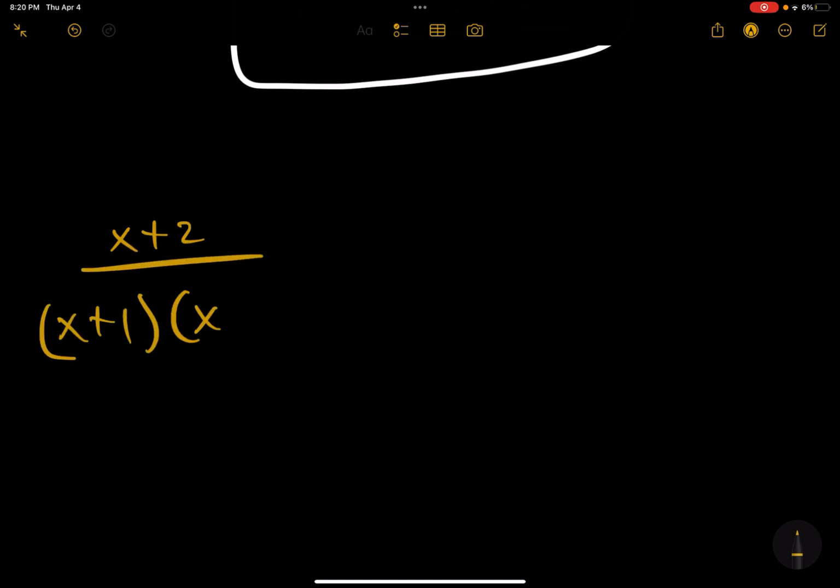Lastly, the only thing I will tell you, this one trick, is that sometimes we can have, let's say, x plus 2 divided by x plus 1, x plus 2 squared, because we have a repeated root.